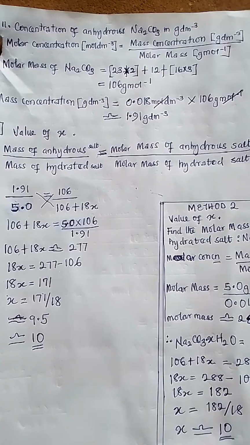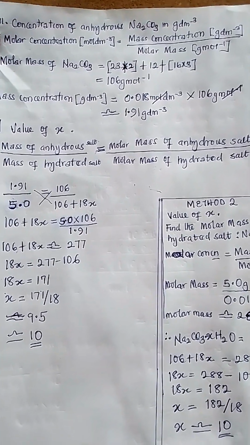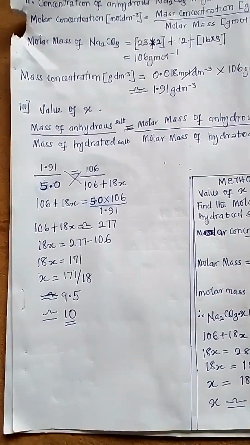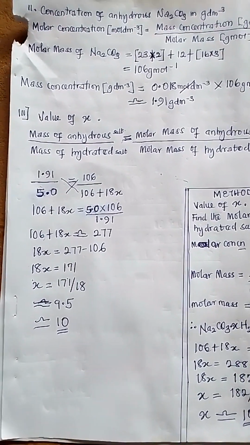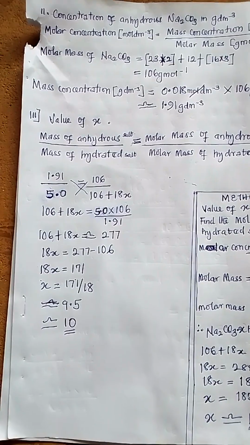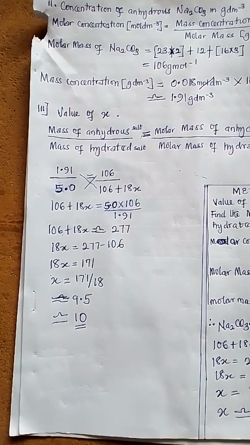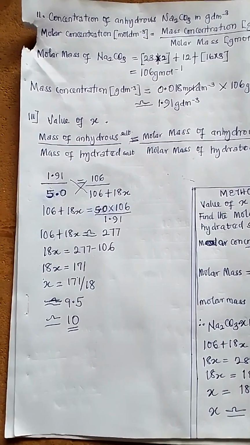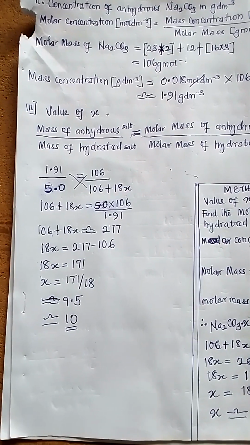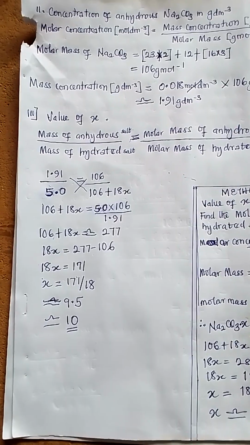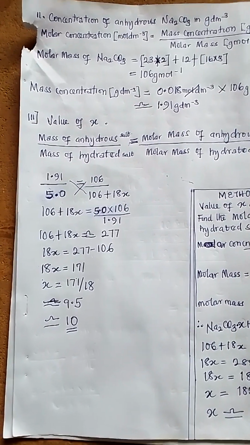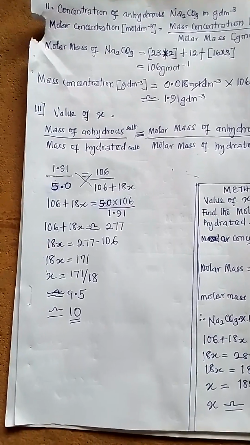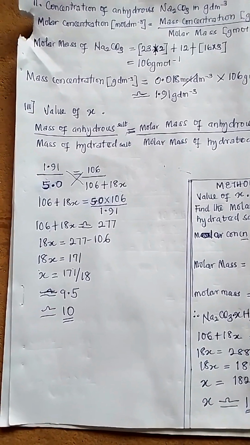You see Na2CO3 is 106 plus 18x, that x we are looking for, which is attached to the molecules of water. When you cross multiply, you have 106 plus 18x is equal to 277. So 18x will be equal to 277 minus 106, and after you divide by 18, you have 9.5, and approximate to 10.